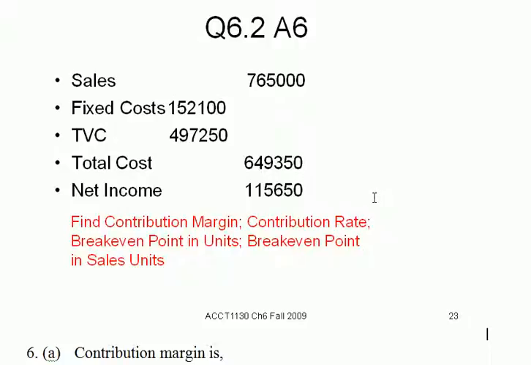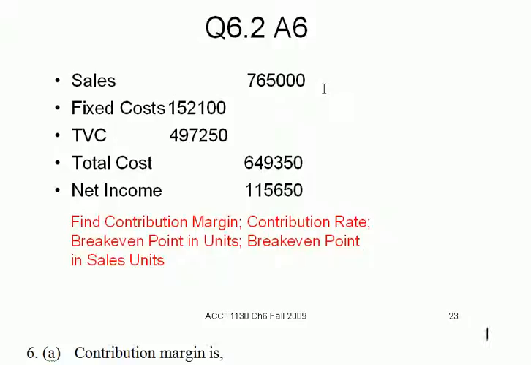So what we have is like a little balance sheet for a company. Their total sales, their total revenue, which recall is the volume times the price per unit, was 765,000. So that's how much money they took in.